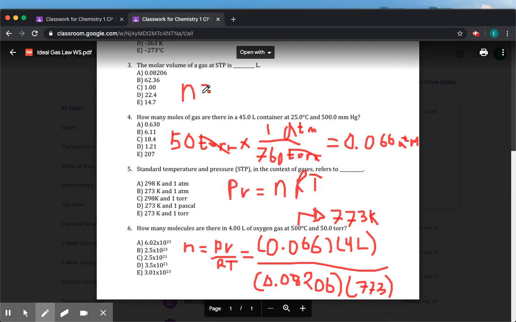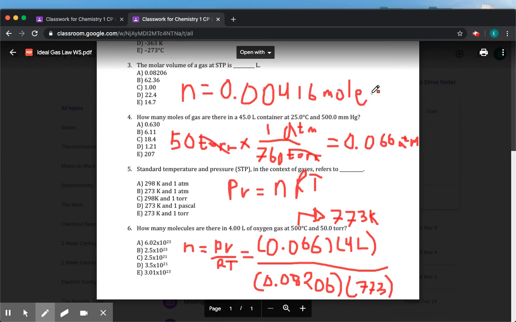Plug those numbers in. You should get that n is equal to 0.066 times 4 divided by 0.08206 times 773. And we get 0.00416 moles.